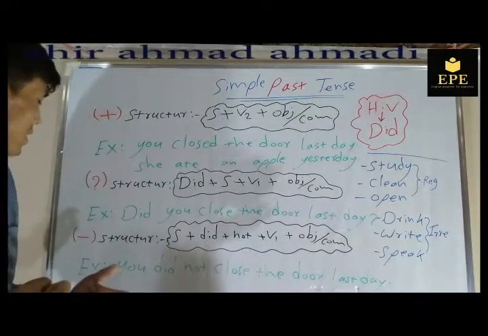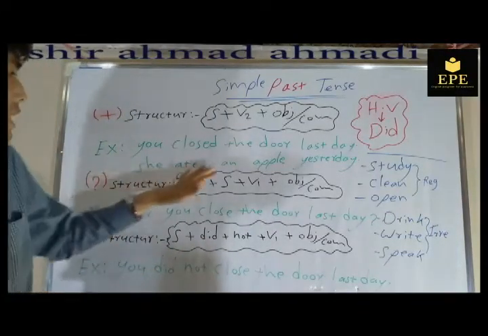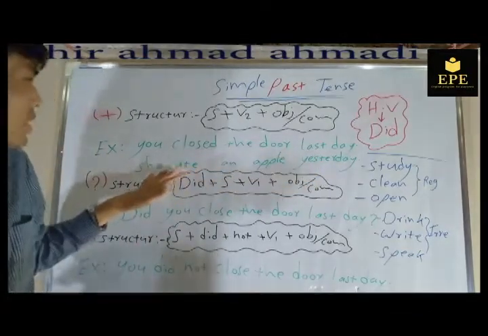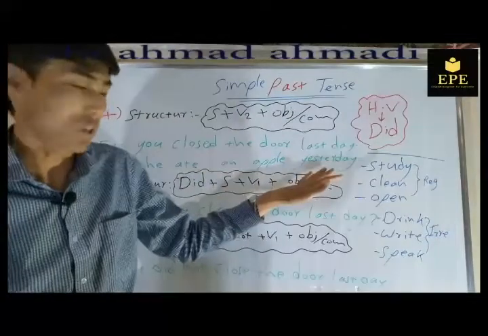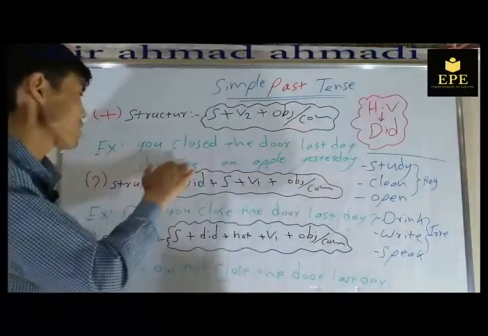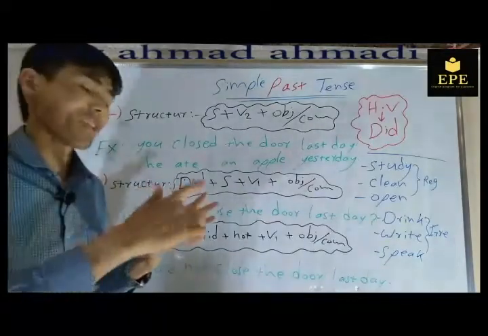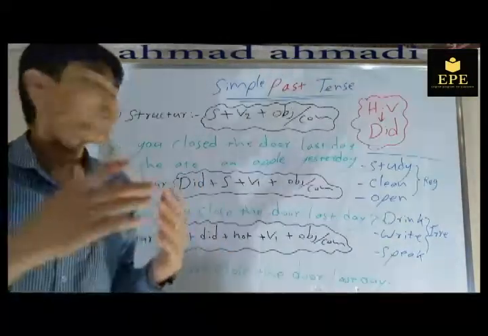Also, this one is simple past tense with an irregular verb. She ate an apple yesterday. You know, ate is the second form. The first form is eat, the second form is ate, and the third form is eaten.